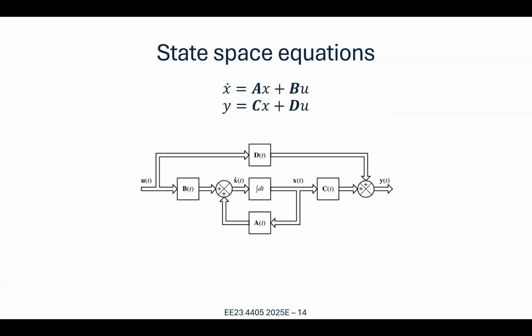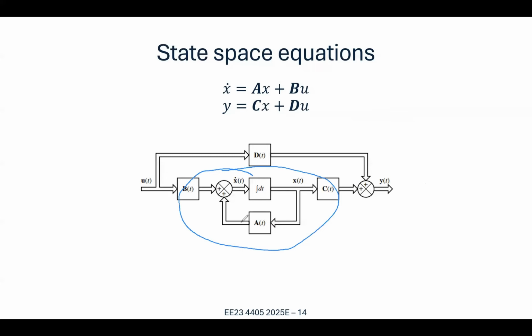If we represent this with the block diagram, here there is the feedback here. So this feedback represents that the states here are evolving. So the main process occurs here.